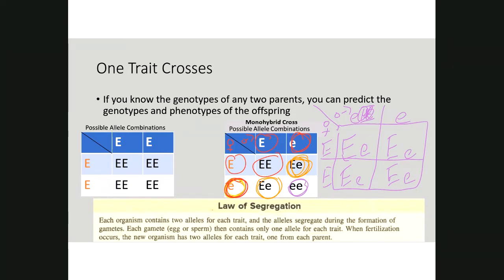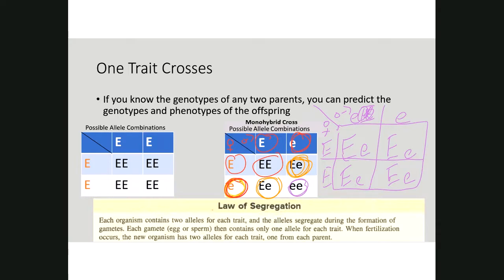Right, so this also shows the law of segregation, which is something that Gregor Mendel thought of when he was doing his experiments on pea plants. If you haven't read that from your lecture, please do so. Each organism contains two alleles for each trait. We've established that. And the alleles segregate during the formation of gametes. I showed you this yesterday, right? Independent assortment happens.